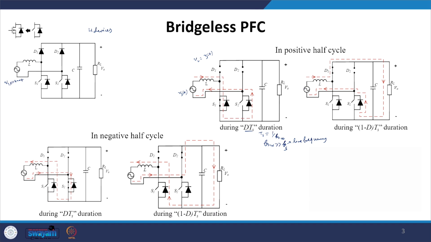Now if we write down the KVL in this loop, the voltage across the inductor VL is nothing but Vs minus V0, or you can also write Vs of t minus V0.